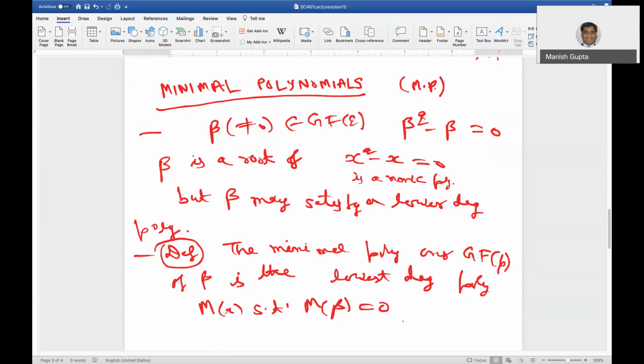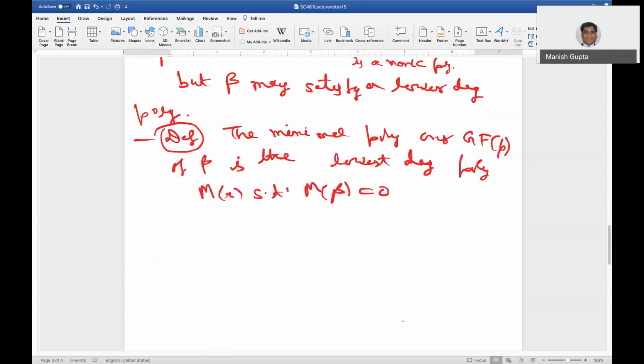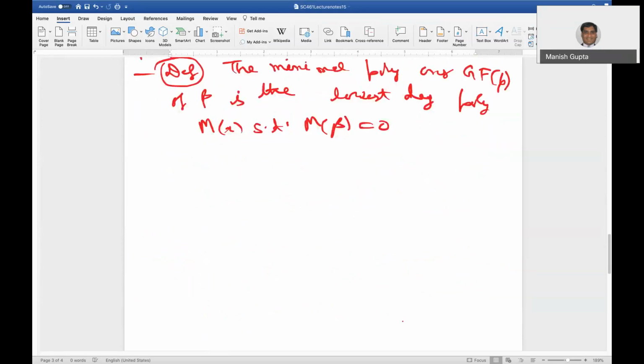degree polynomial. As an example, I am writing minimal polynomials without proof right now, but I will give you the proof later on.